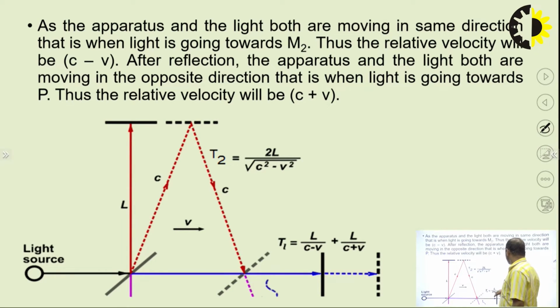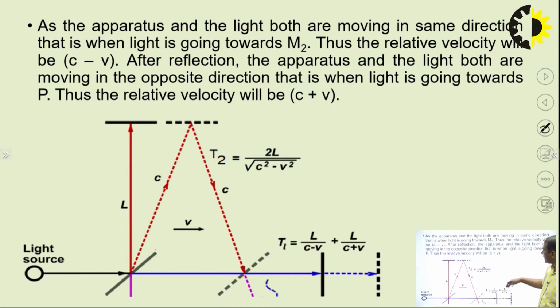In the horizontal direction, we calculate the time taken by the light beam traveling from the partially silvered glass plate towards the mirror, and then the time taken in returning to the glass plate. In the vertical direction also, we have to calculate the same time.